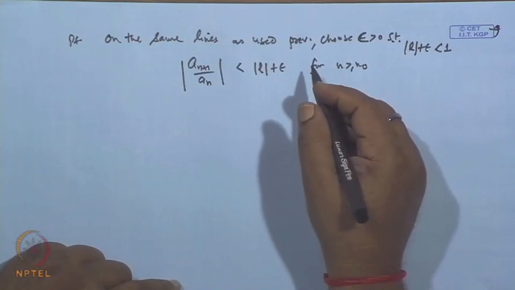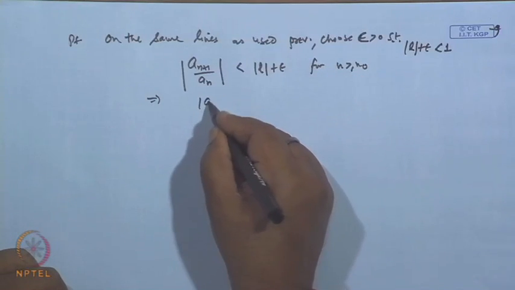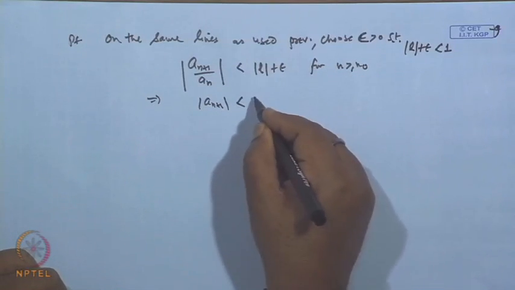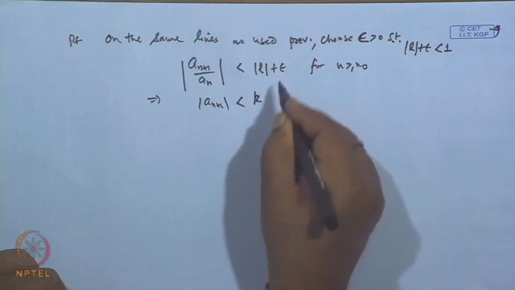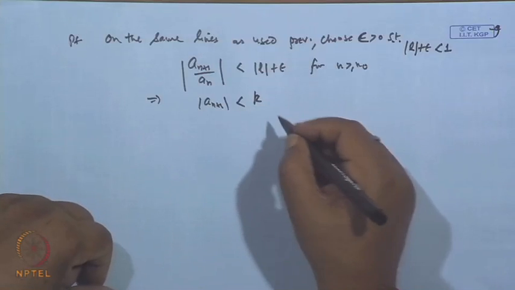Okay. Clear? And then from here what we will do? This shows that mod a_(n+1) is less than some number k, this is number k, is it not, times mod of a_n.